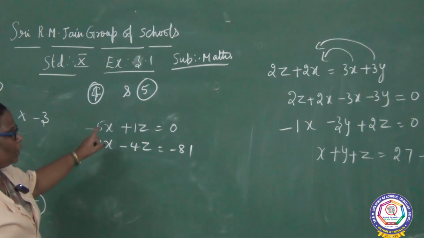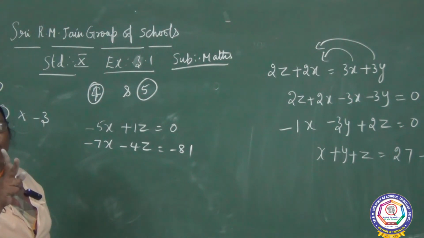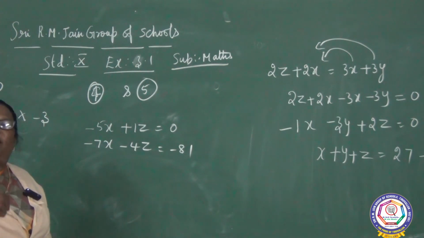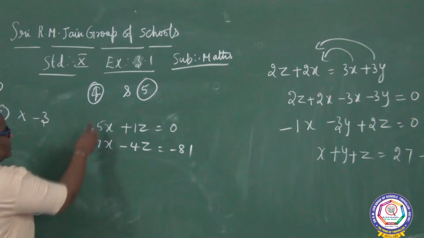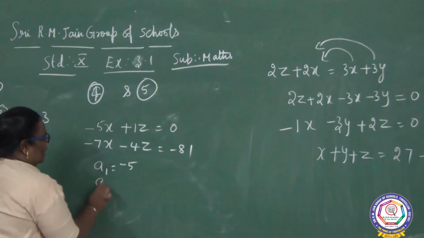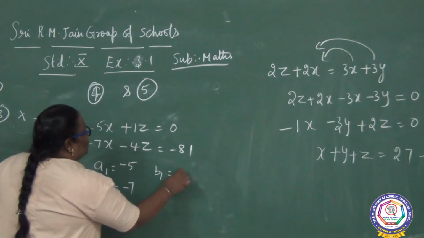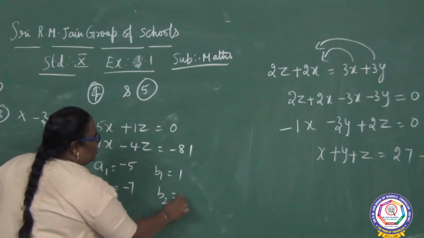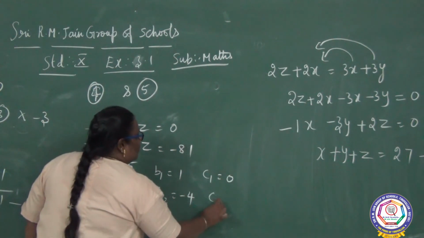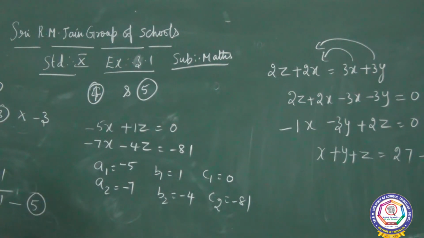See, we brought it into two equations, that is, it consists of only two variables, not three variables. So if it is two variables, we can proceed that way. See here, a1 = -5, a2 = -7, b1 = 1, b2 = -4, c1 = 0, c2 = -81.